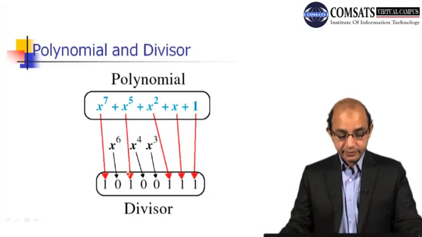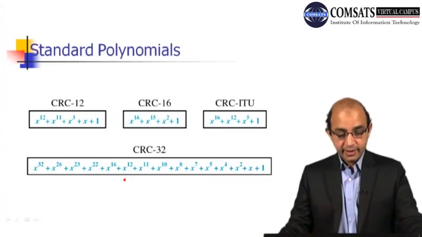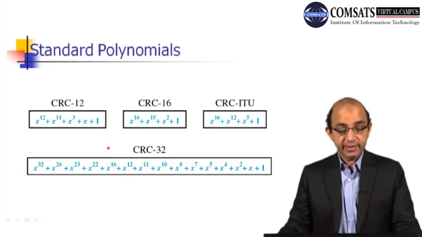So divisor, and we have different standard polynomials, CRC12. You can see that this goes from 0 to 12, right? And CRC16 and CRC-ITU and CRC32, right?